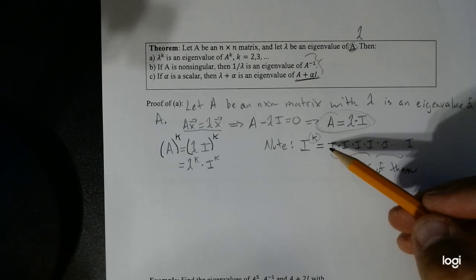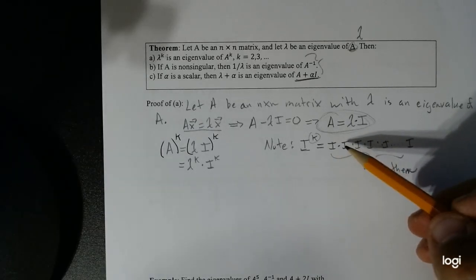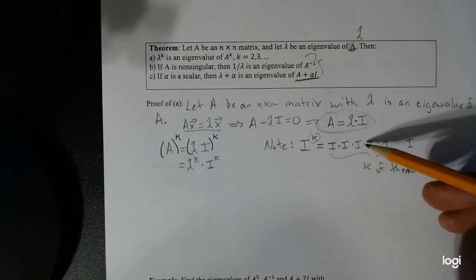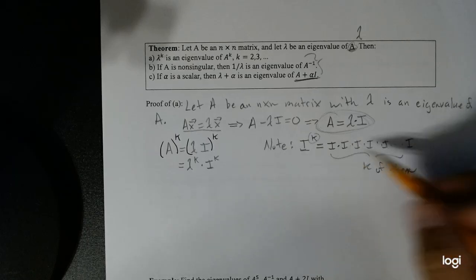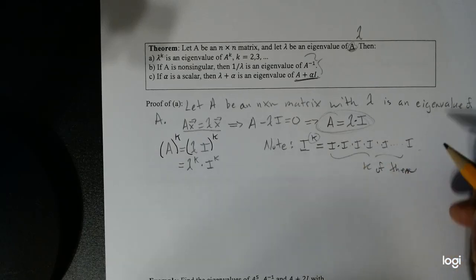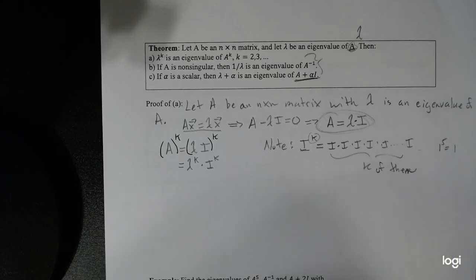Okay. So now the question becomes, what is this equal to? Well, the identity matrix times itself times the same identity matrix is still I, the identity matrix. So it doesn't matter how many times I actually multiply by itself, I'm still going to get the same identity matrix. It's kind of the same process like 1 to the 5th power is the same thing as just 1. It doesn't matter what the power is, it's still going to be 1 because it's just 1 times 1 times 1 times 1 times 1.